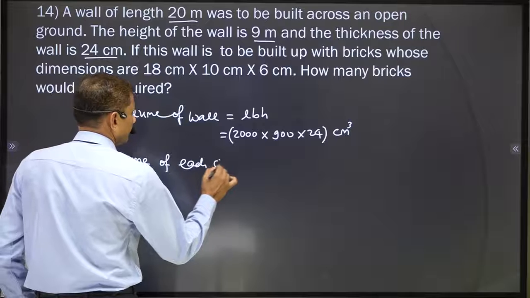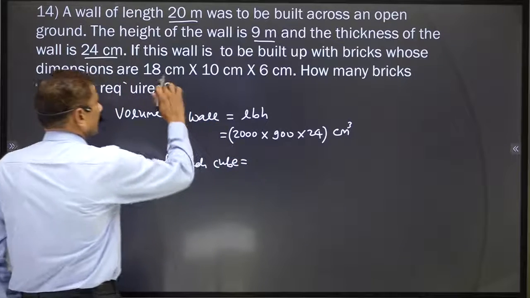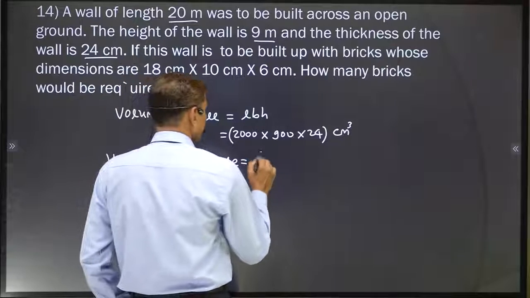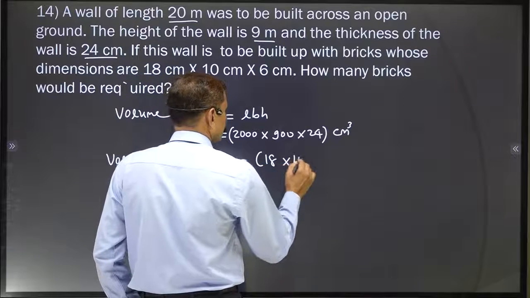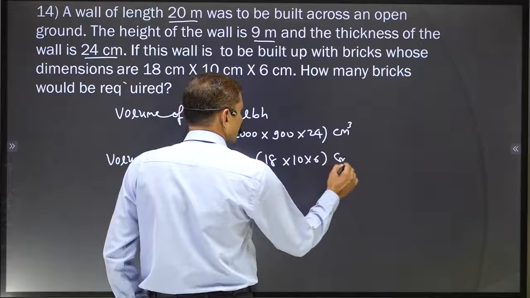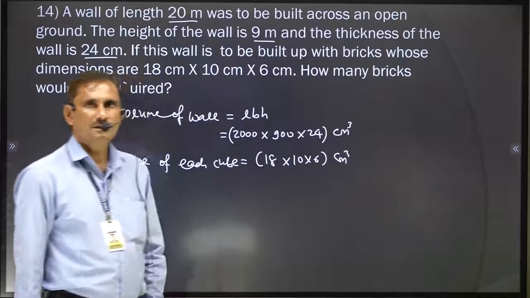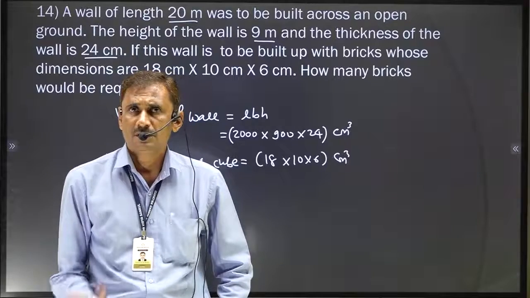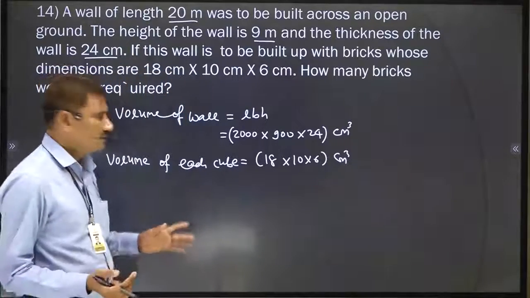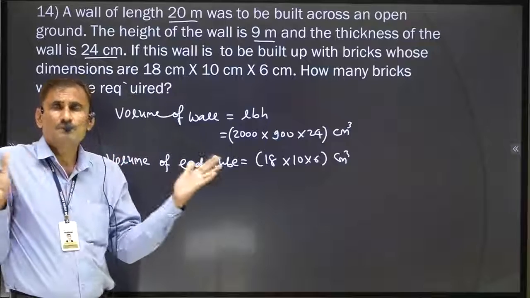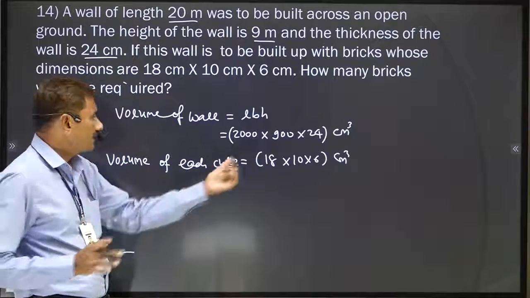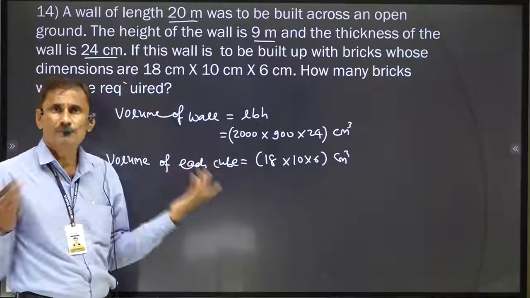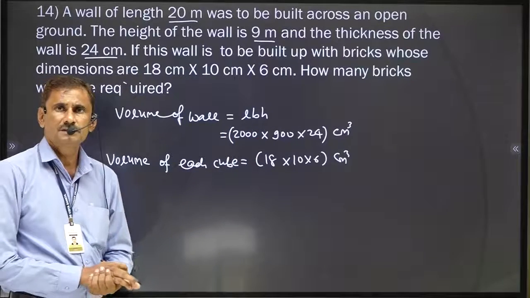Everything is already in centimeter, so it is 18 into 10 into 6. Nothing to do here also, because we are going to take the ratio of both, meaning the volume of the wall will be divided by the volume of a brick. Simple it is. Otherwise you can understand by the cross multiplication step also. If this much volume is one brick, so much volume, how many bricks? That way also you can understand.